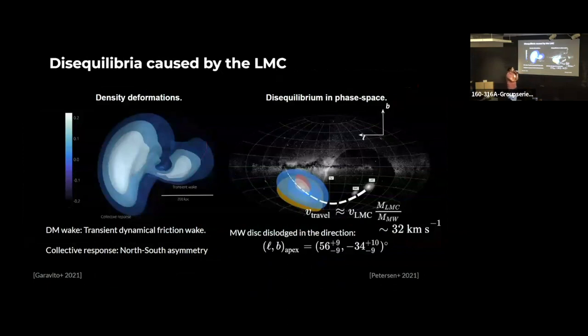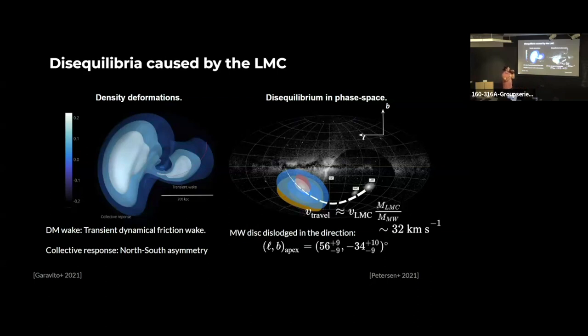One is caused by the infalling satellite itself, which leads to density perturbations within the main halo, so it's a Milky Way response to the halo. Secondly, it dislodges the disk of the Milky Way, leading to disequilibrium in phase space as well, which was Eugene's pretty plot with all the velocity dipoles and velocity vectors.